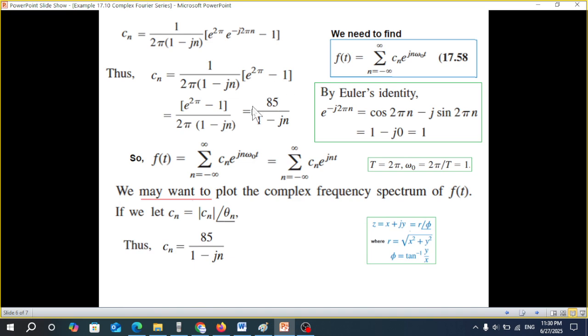The magnitude, we got it from here. Using this relation of the complex form, we'll convert it into magnitude and angle. So this will be the square root of 1 plus n square, and then the angle will be tangent inverse n from this, but because there is a negative sign here, in our case it is positive sign, therefore the angle will be negative.